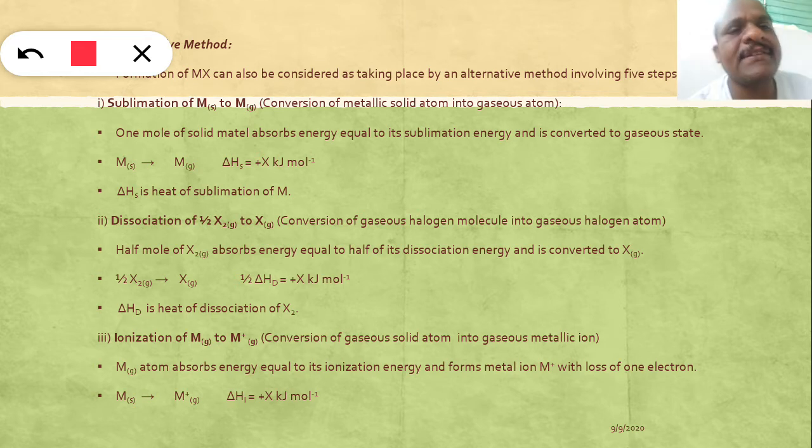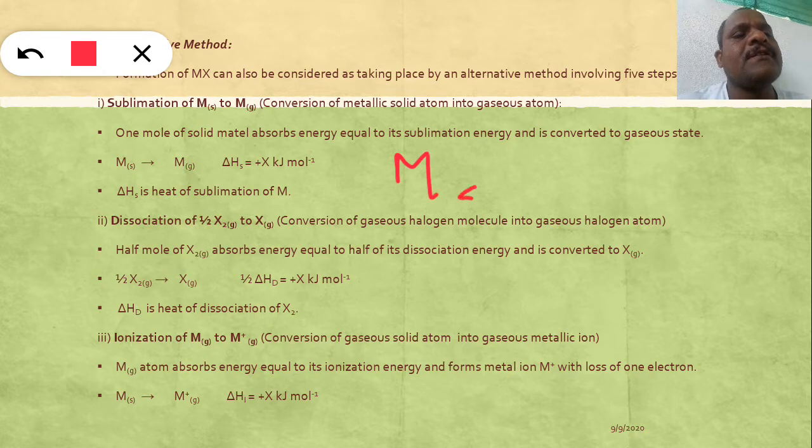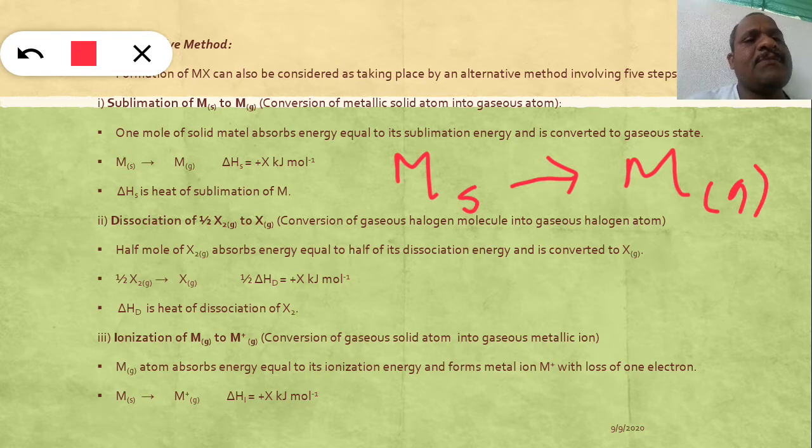First step is sublimation of M solid to M gaseous, that is conversion of a metal solid atom to a gaseous atom. Metal in solid state converts into metal in gaseous state. You know what sublimation is? The conversion of a solid substance directly into a gaseous substance is called sublimation.